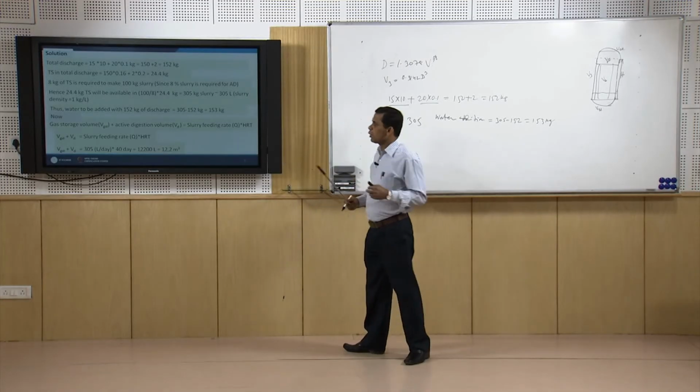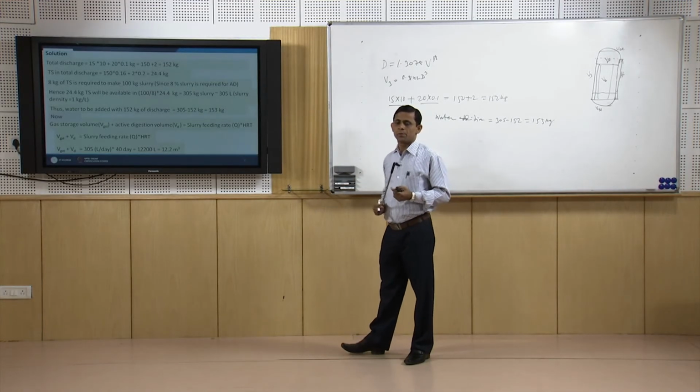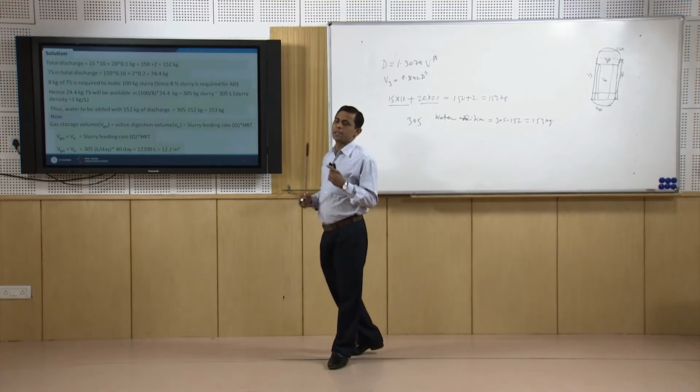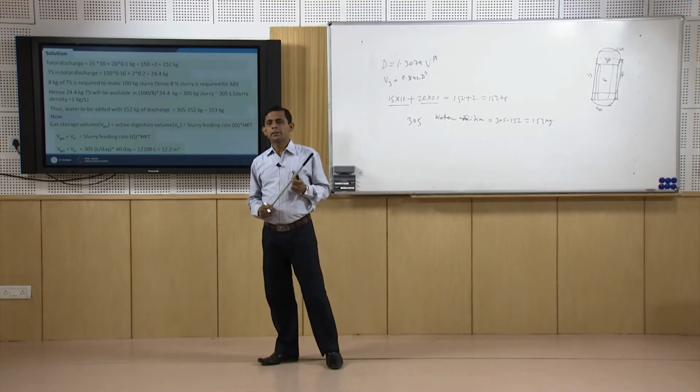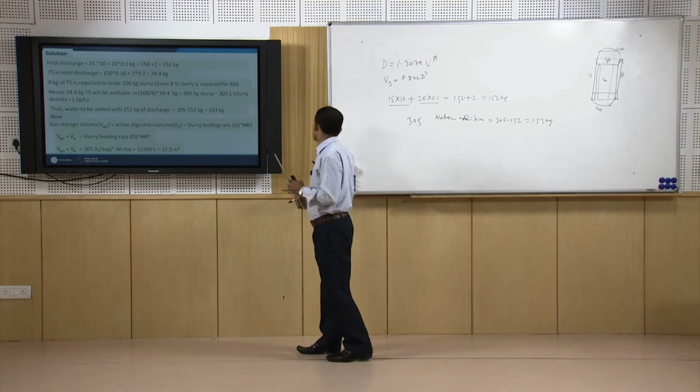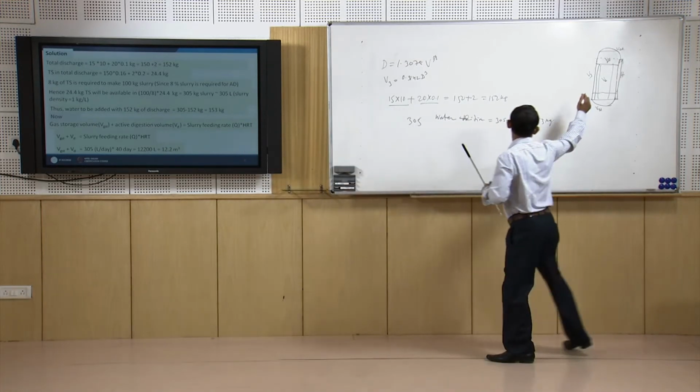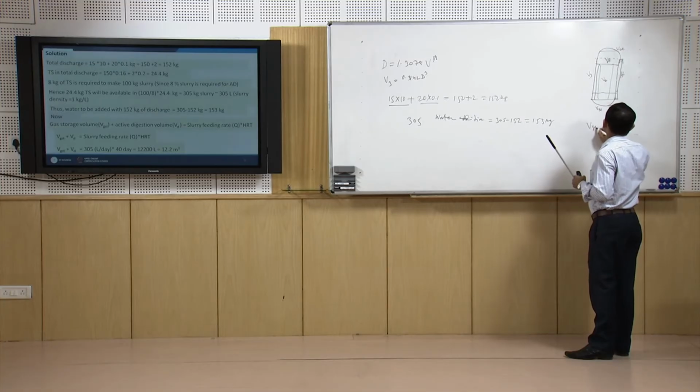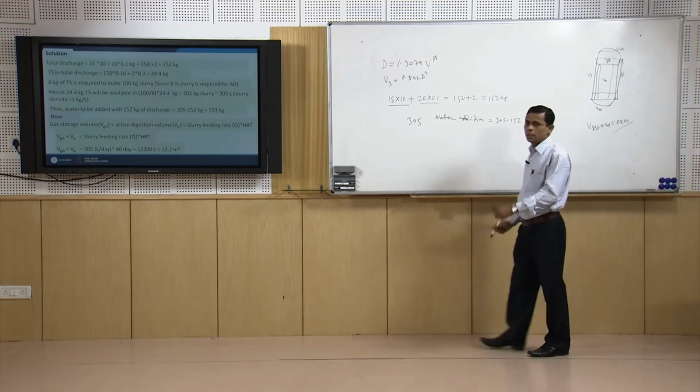Now, what will be the gas storage volume? As we have discussed in the previous module of anaerobic digestion, VST plus VGST, gas storage, plus VD is equal to 80% of total volume. This is our assumption.